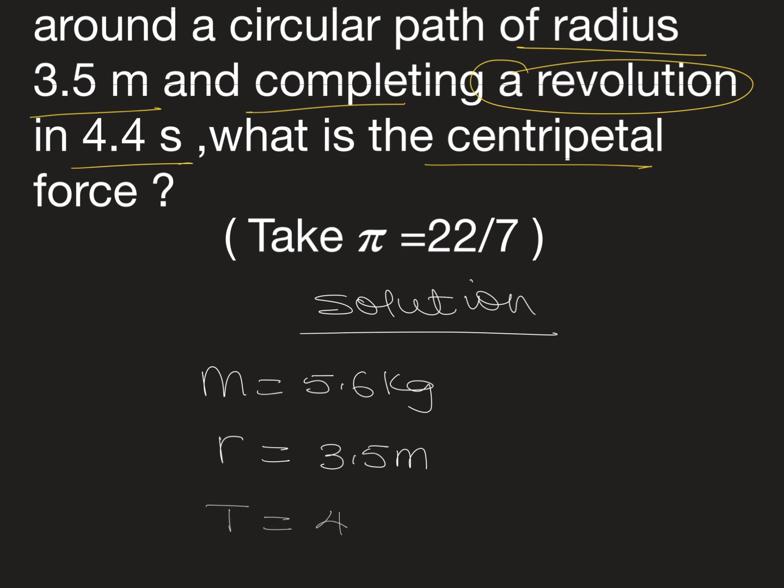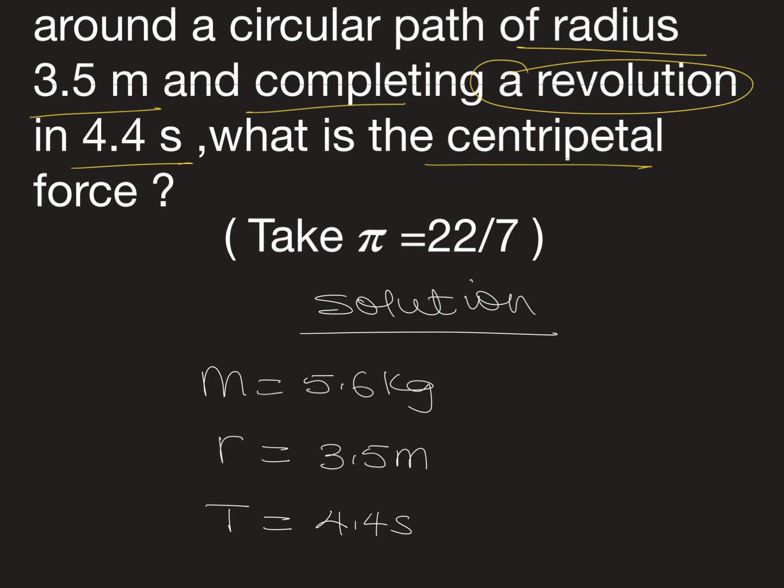It is 4.4 seconds. Remember, period is the time taken for a body to complete a revolution or a rotation. Okay, just a single rotation is what we're talking about. The time taken for a body to perform a single rotation or a single revolution is called the period.